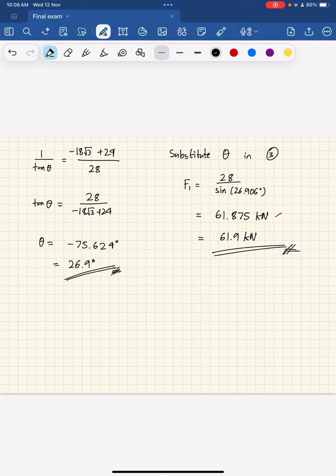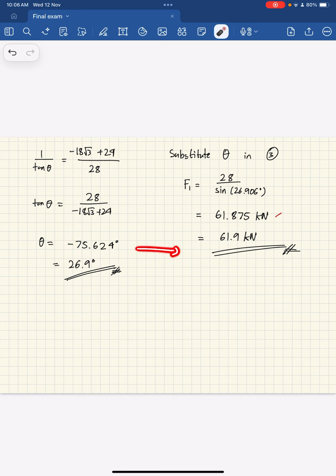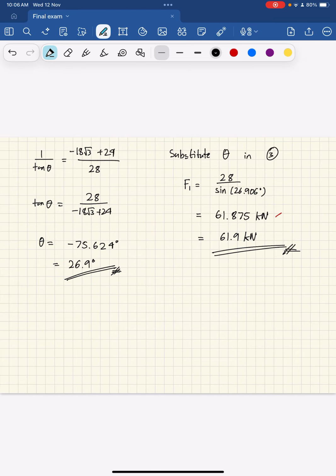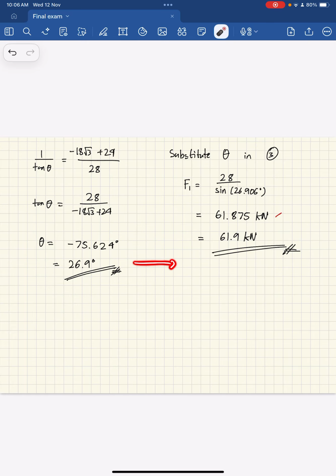Okay, now negative, what does the negative actually mean? The negative actually means that from the x-axis, this angle was measured in the other direction. So we want the positive one, right? So it's not measured counterclockwise. It's actually measured clockwise from the positive x-axis.